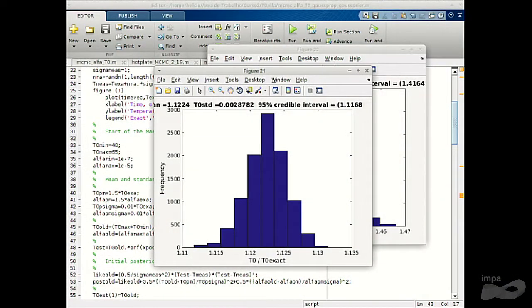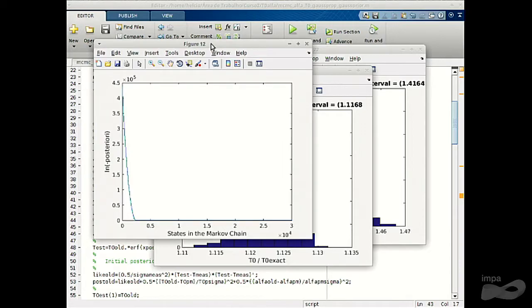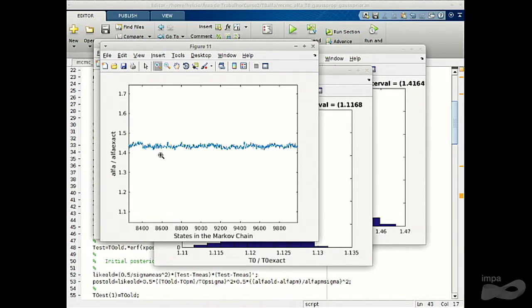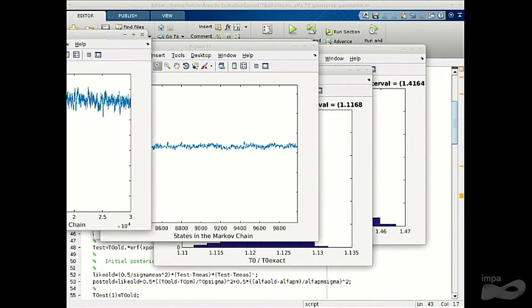And only for the sake of showing you here, the posterior, see? The posterior looks nice. The Markov chains, they also look nice, okay? See? The Markov chains look nice.